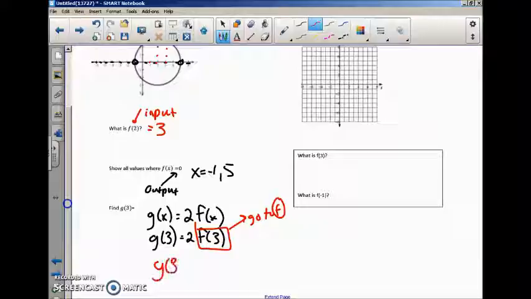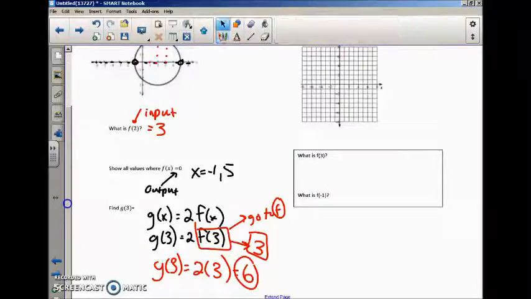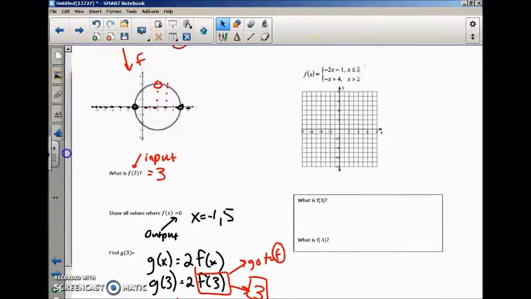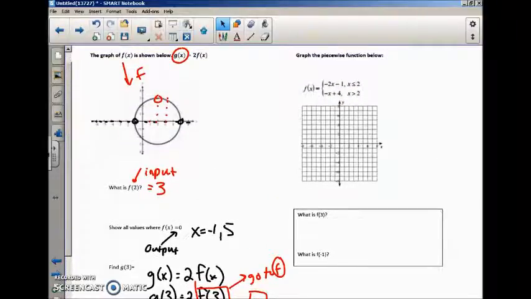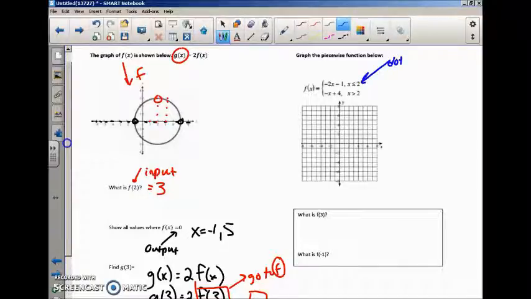It looks like it's about 3. We're going to use 3 here just as an example. So 3 is going to replace that f of 3, and it becomes 2 times 3 equals 6. So that is how we use that funky notation. If you have a function within a function, be aware that sometimes you're going to have to pull it out and do it individually, then put it back in.